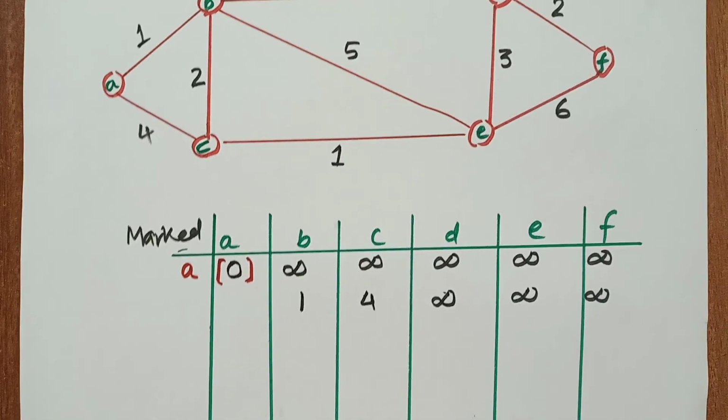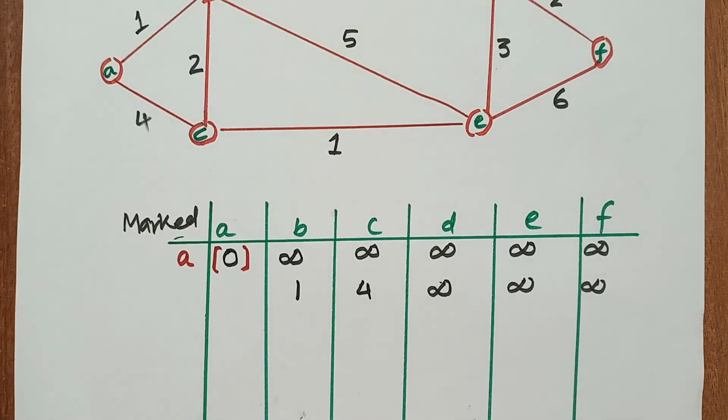One thing also remember, since A is marked, no need to touch A. Now you see very carefully what is the minimum value. So minimum is 1. So you mark 1, and for which vertex?